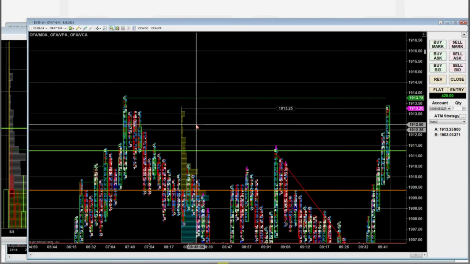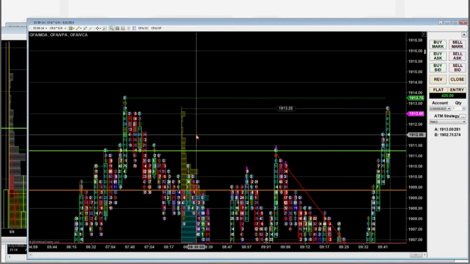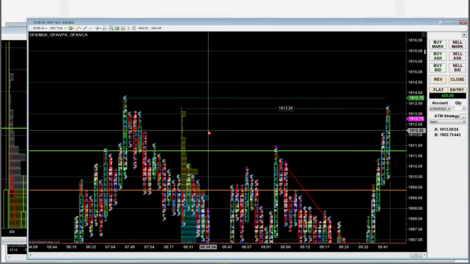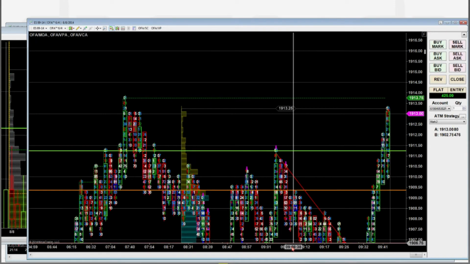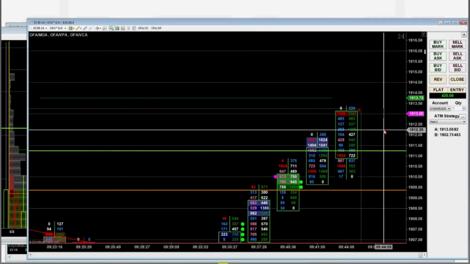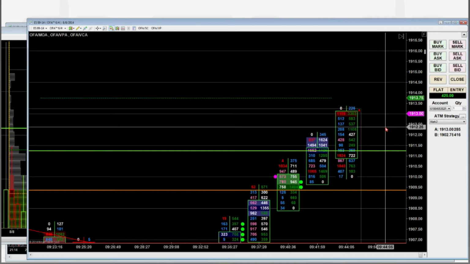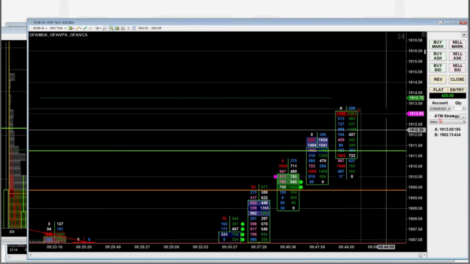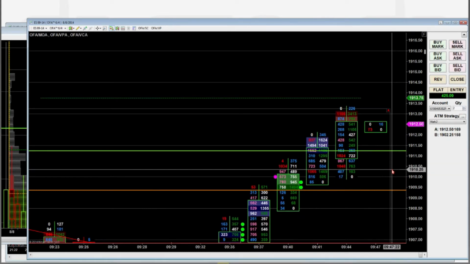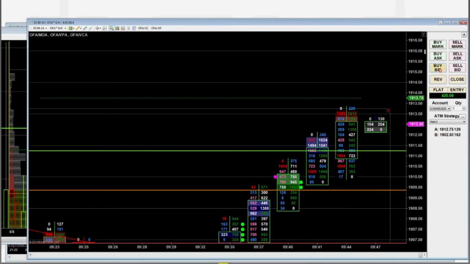Got a low volume area here at 1250 and 12. IB high is at 1125, so there could be a trade long right at 12 and a quarter. There's 12 quarter.